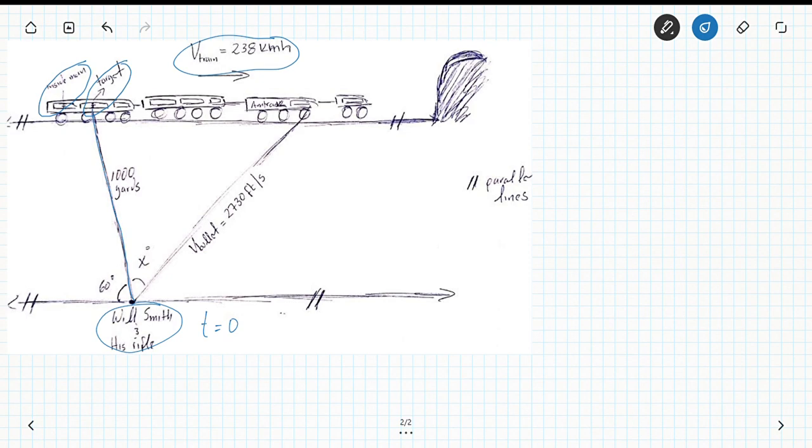Thankfully, they have some sort of GPS locator on the target, so that's how they know that he's 1,000 yards away. Notice how I have the speed of his bullet at 2,730 feet per second, and the velocity of the train is given by the inside man to be 238 kilometers per hour.